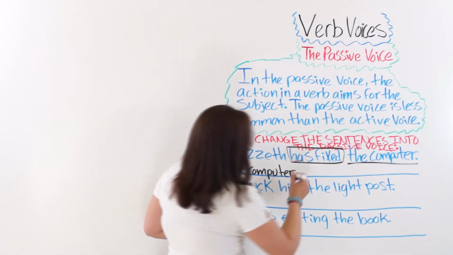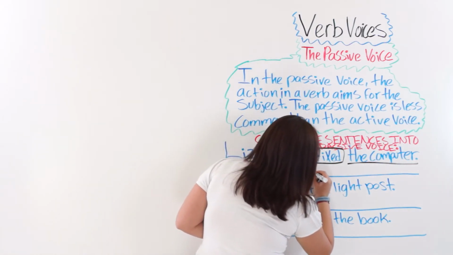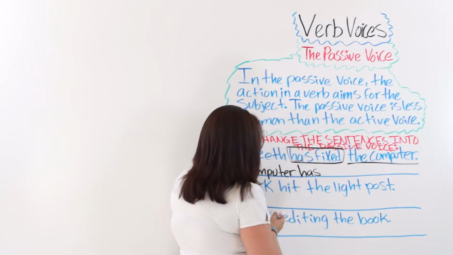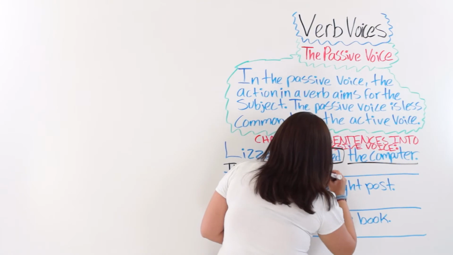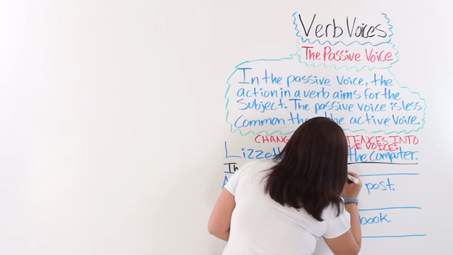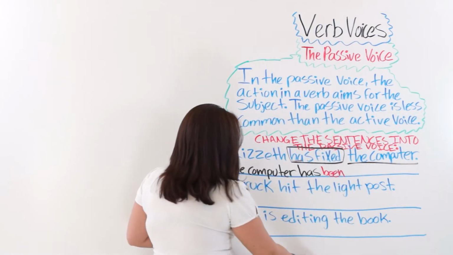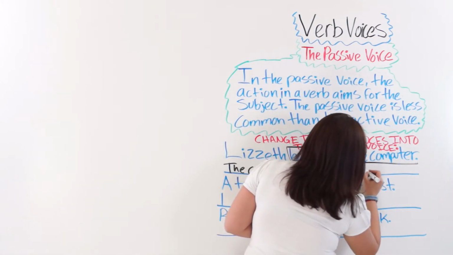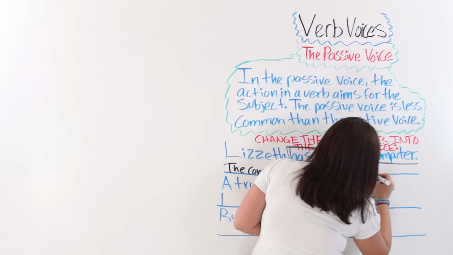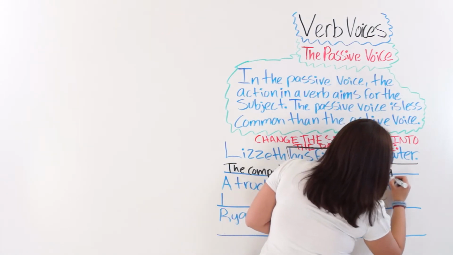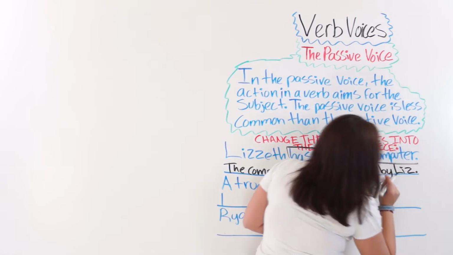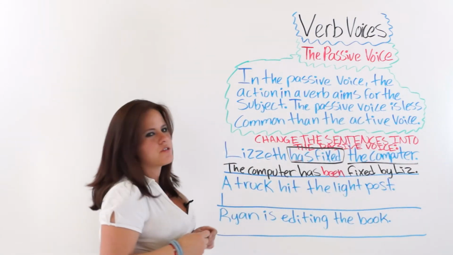So we are just going to add, let me highlight it so that you can see it, has been fixed by, and then finally we are going to use our subject.